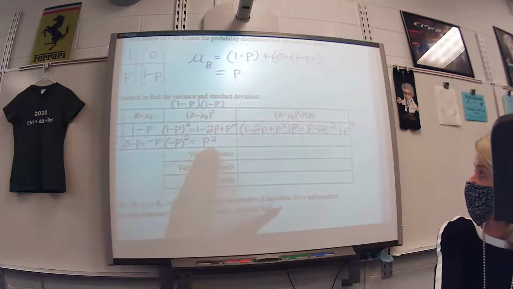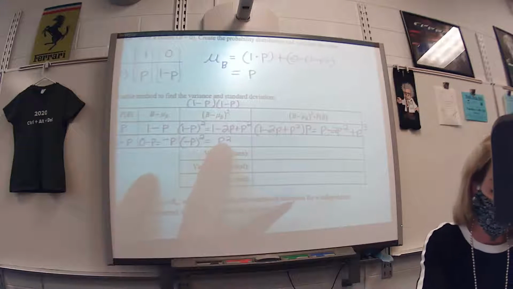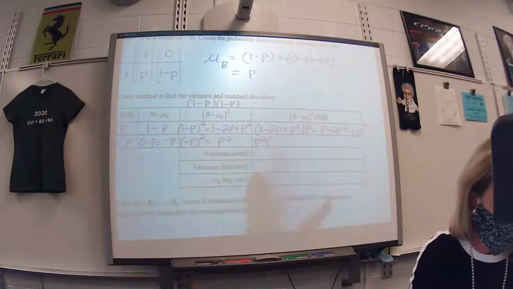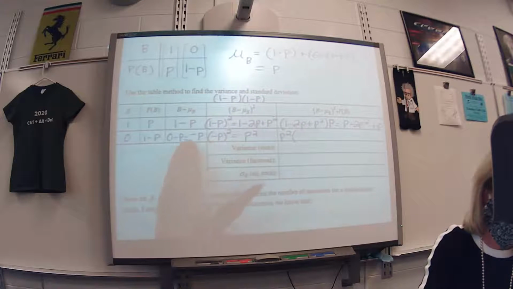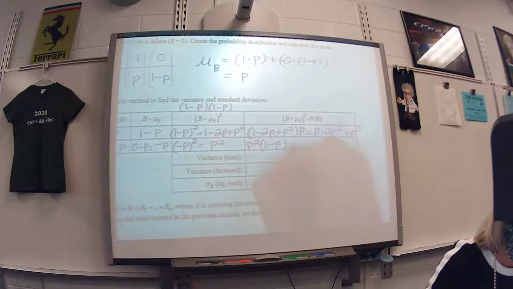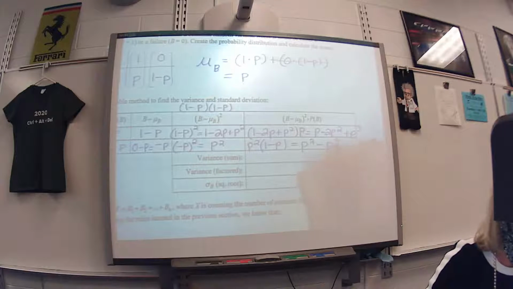And then I have to do the same thing on this one. I have to take that P squared, and I have to multiply by his probability, which was 1 minus P, and that's going to give me P squared minus P cubed.